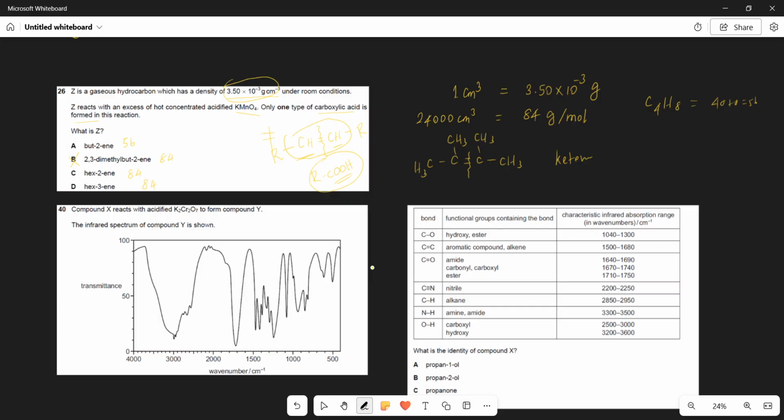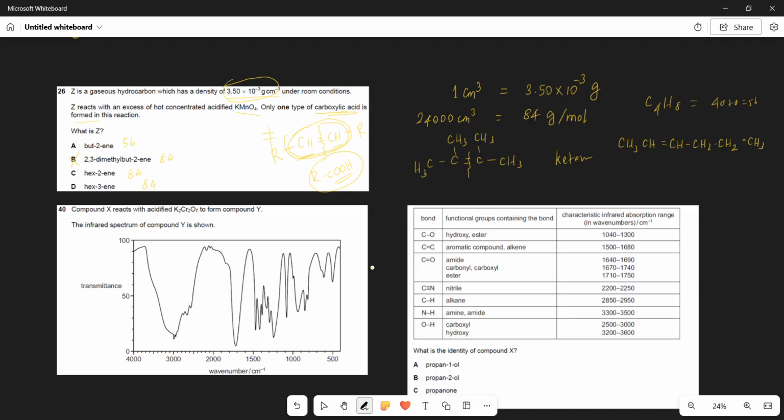It may look at first sight like I got the answer, but this is a wrong answer because they are talking about carboxylic acid, not ketone. So this will result in ketone. So let us look at hex-2-ene: CH3, CH double bond CH, CH2, CH2, CH3, carbons 1 to 6.